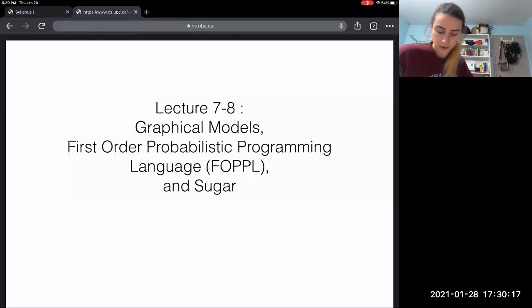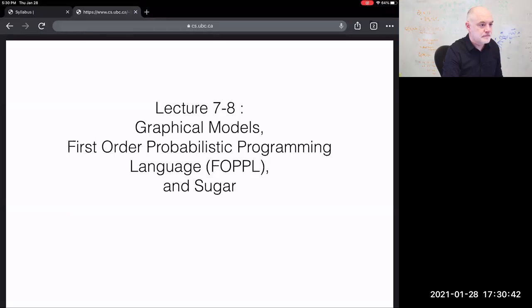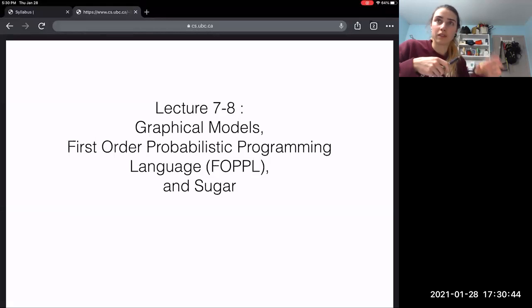It's asking to perform Metropolis Hastings within Gibbs on the blocks W and T, and then pure Gibbs on both W and T. When I Googled blocks, it said that's like W and T grouped together. So that would be like the joint probability of W and T. Is that what it means? Yep. And then on both W and T, would that be probability of W, probability of T? Yep.